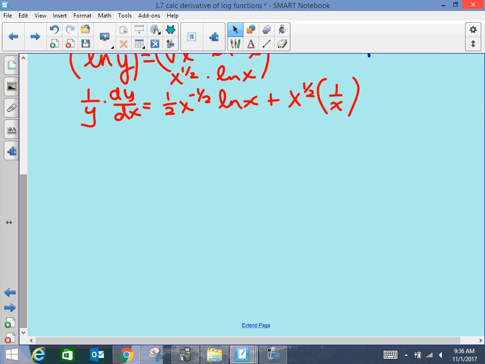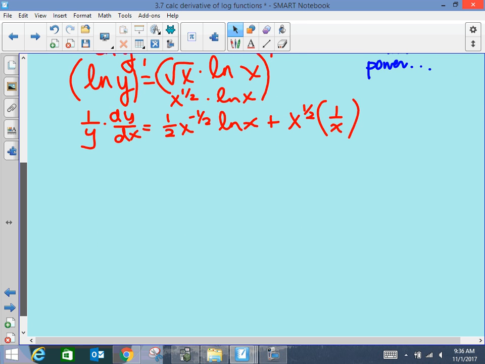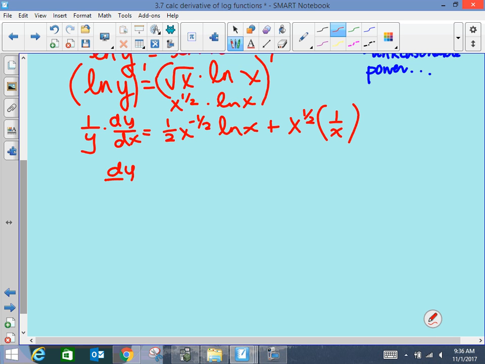All right. Here we go. We only have one dy/dx, so that's nice. So getting dy/dx by itself is going to be just a matter of doing what? Multiply by y. And we'll clean up while we have it. What's this together? X to what power? X to the 0.